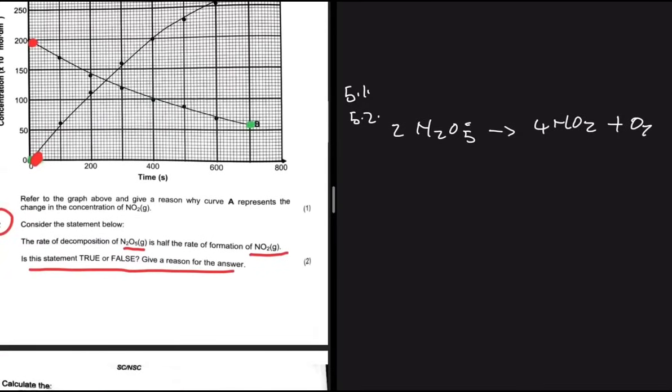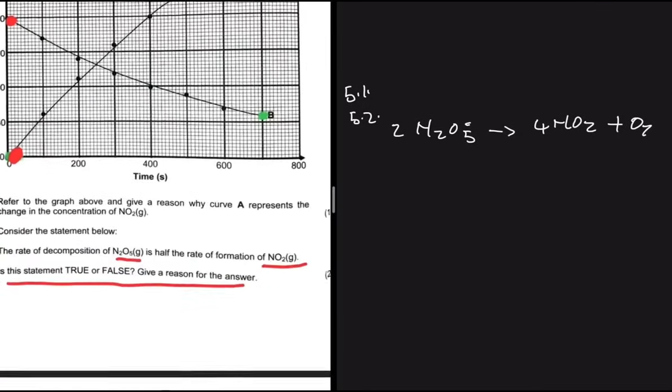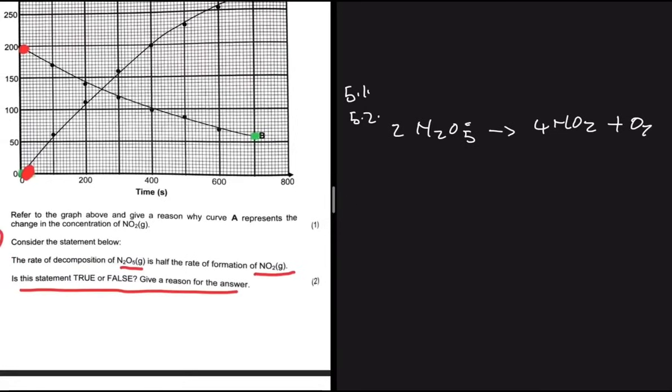And then the question is saying the rate of decomposition of N2O5 is half the rate of formation of NO2. Right, so let's go ahead and figure out whether that is true or not, right? We can say that the rate of N2O5 divided by the rate of NO2 is equal to the ratio of their balancing coefficients, right?